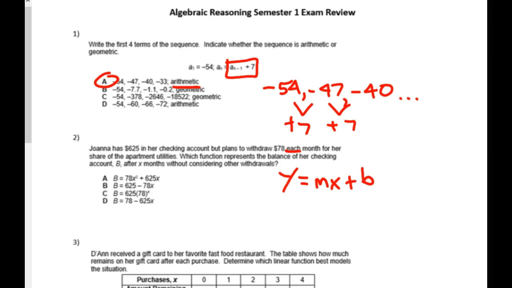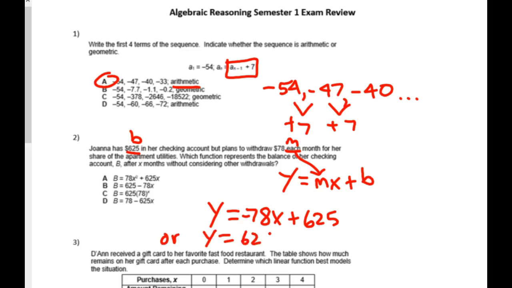Okay, so the each, that number is the M, and your starting amount, that's your B. So y equals negative 78x plus 625, or you can flip that around, 625 minus 78x, which would be letter B.